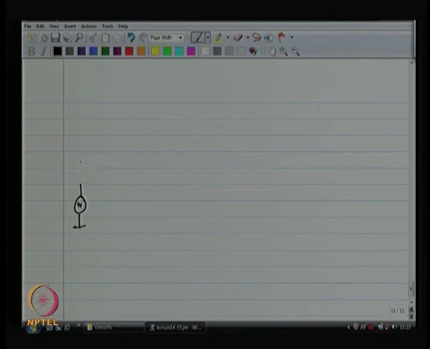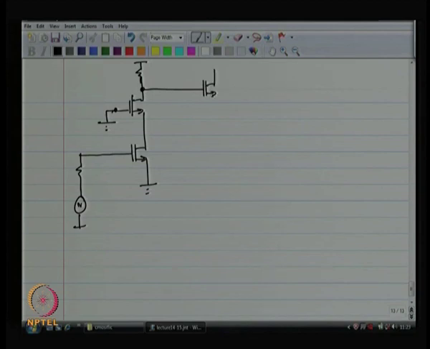So, I have my source... what is this? You are basically now seeing a low impedance looking in over there.